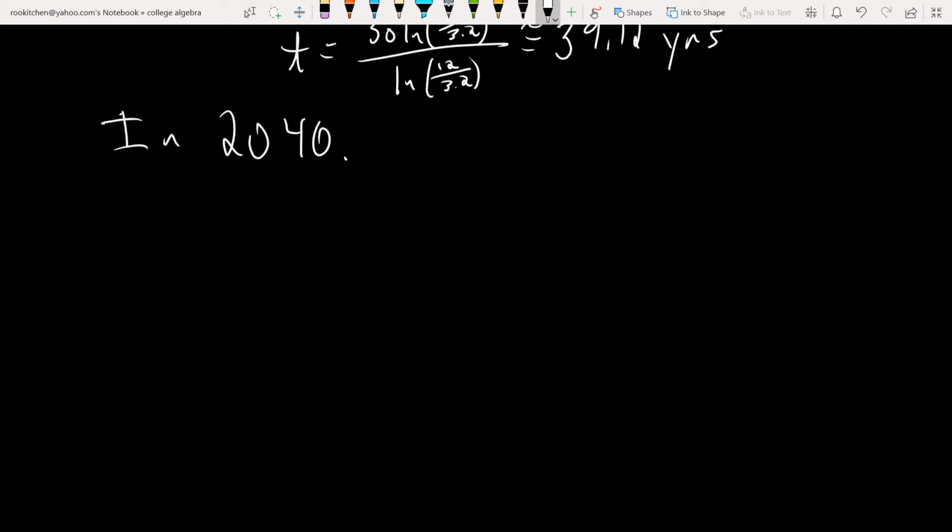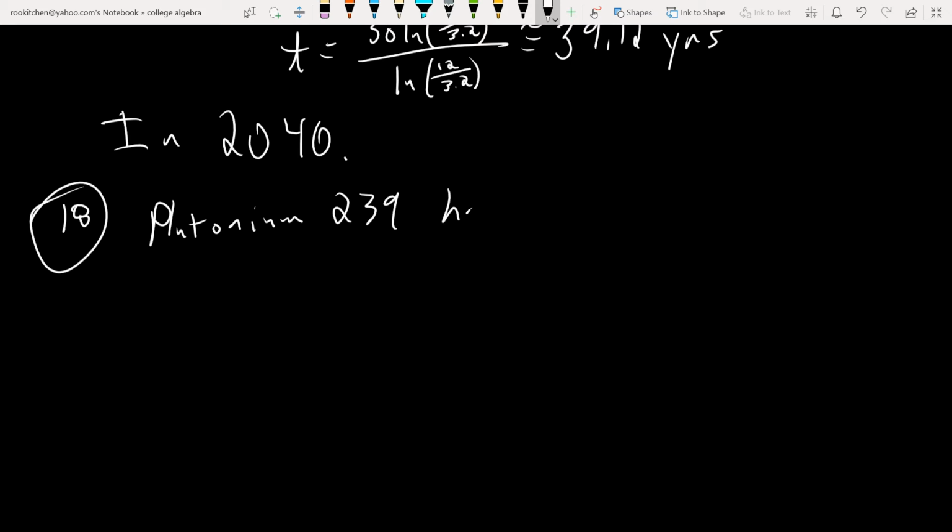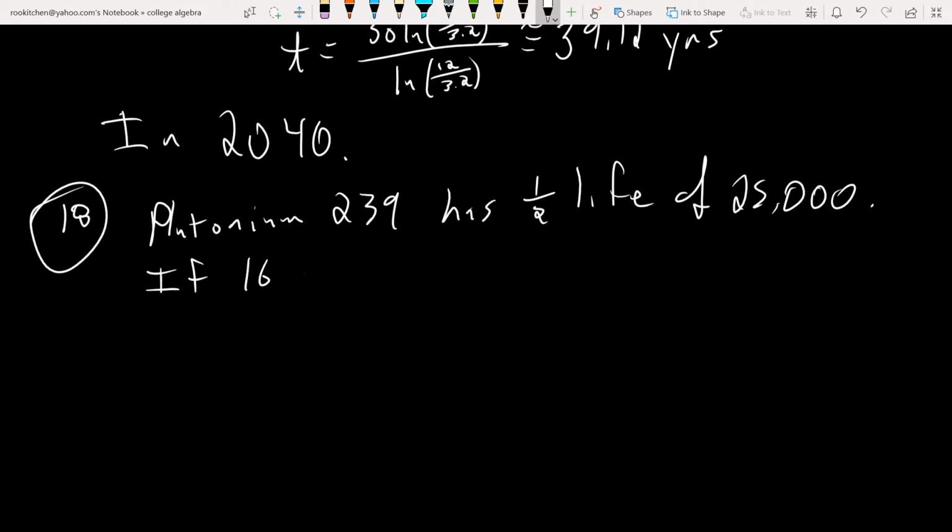Okay, so let's hit the next problem. Here we're messing around with some plutonium. Plutonium-239 has a half-life of 25,000 years. You start out with 16 grams.